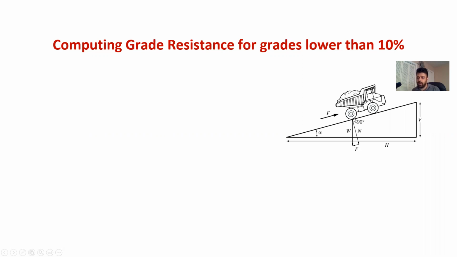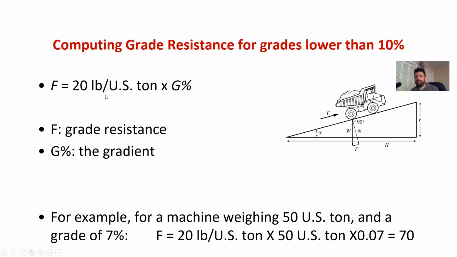All that you need to know is the weight of the vehicle. Once you have the weight of the vehicle, you use this equation. For example, if a machine weighs 50 US tons, for every US ton you put 20 multiplied by the grade in percent, but this machine is 50 tons, so that would be 20 multiplied by 50 multiplied by the grade, which is 7% in this example.